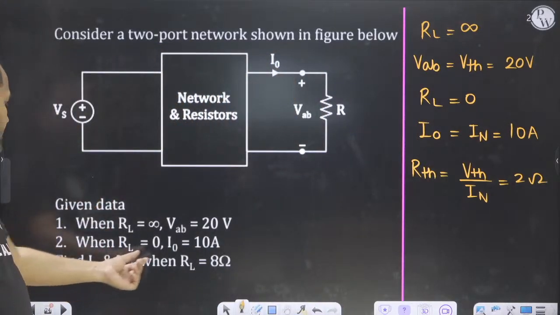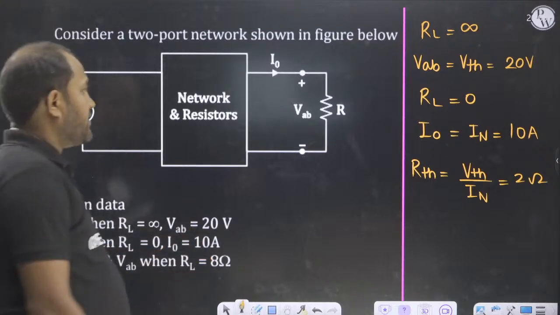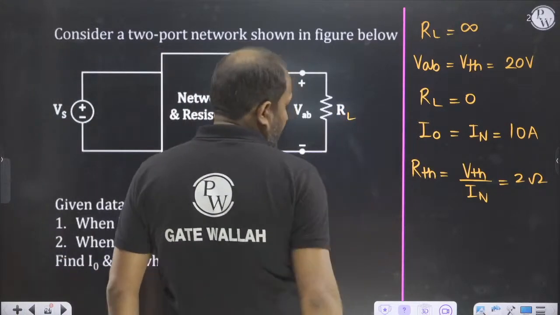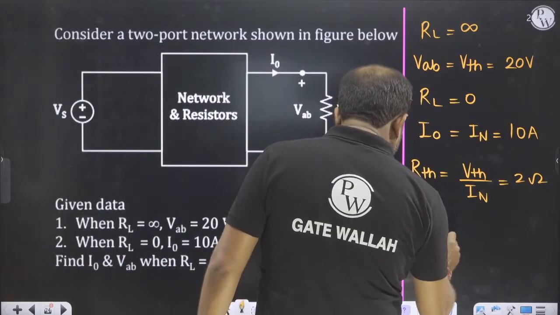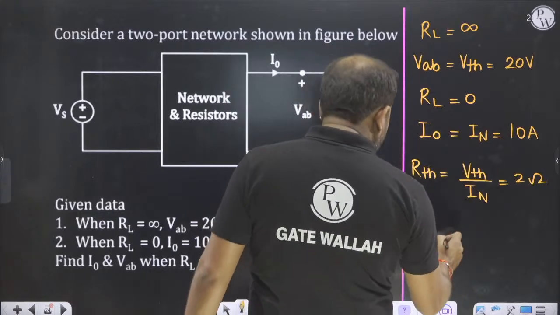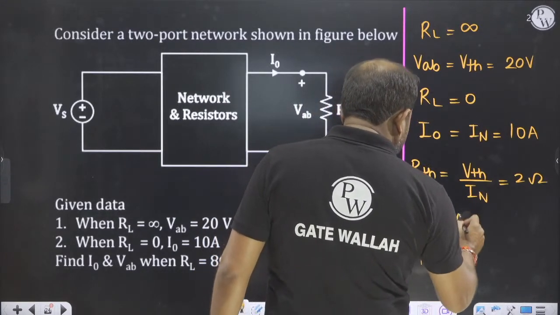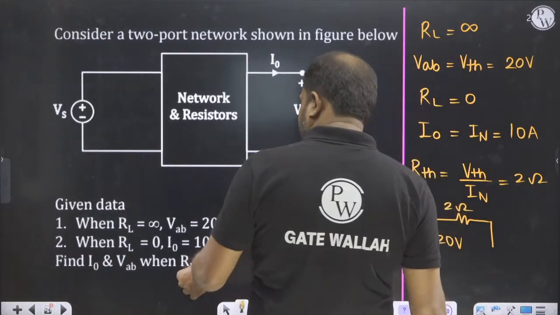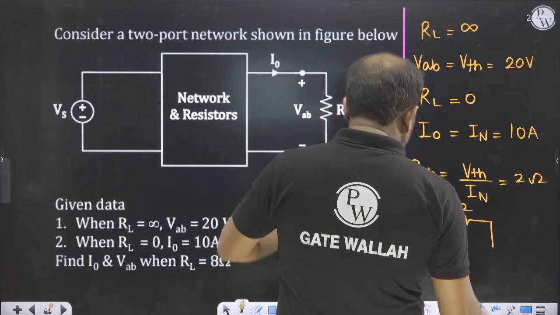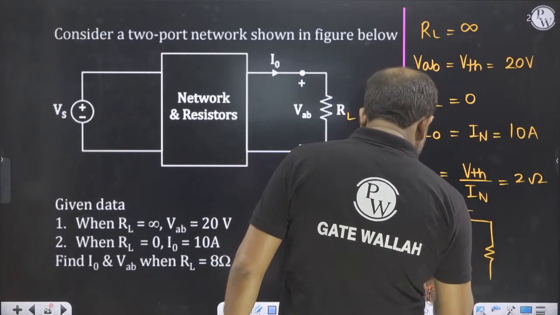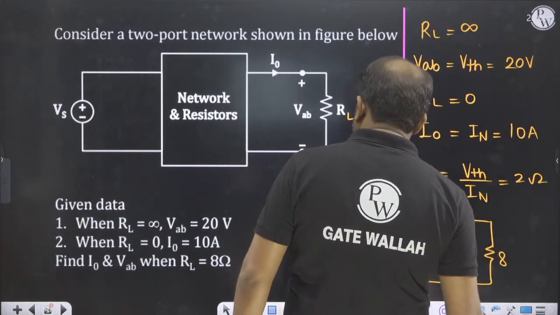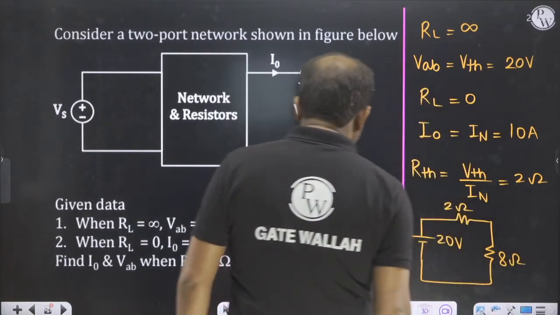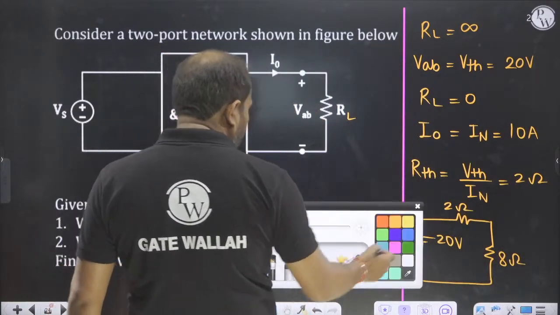What we have been given? RL, the load resistance. So in case of load resistance, Vth is how much? Vth is 20 volt. RTh is how much? 2 ohm. And next, RL is how much? 8 ohm. Then we have to find out I naught.